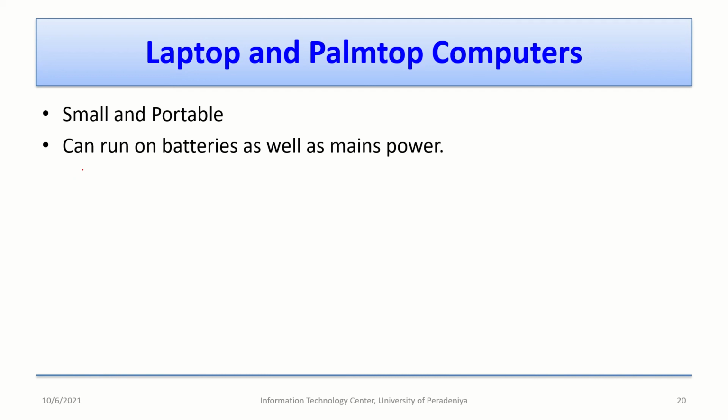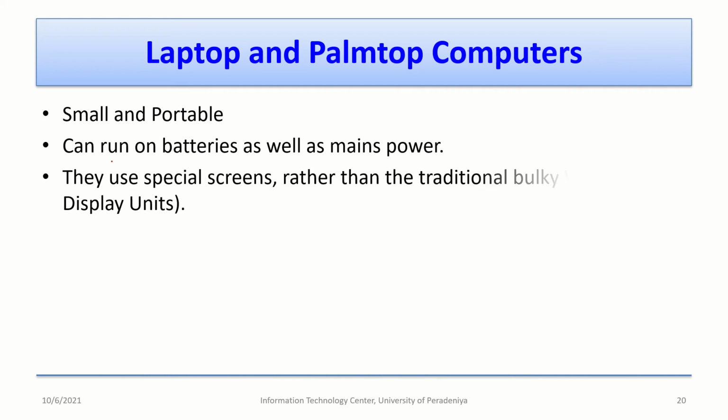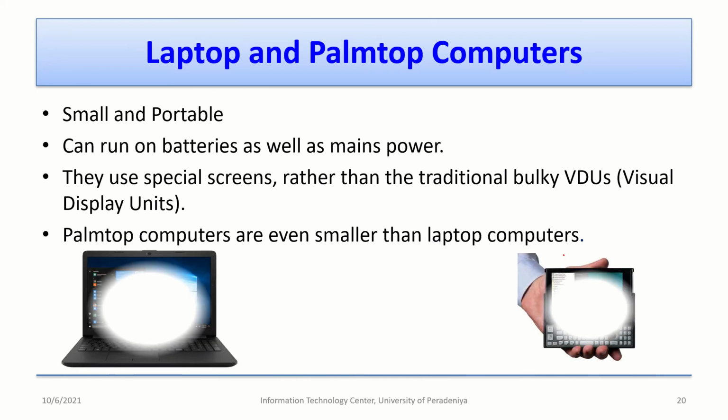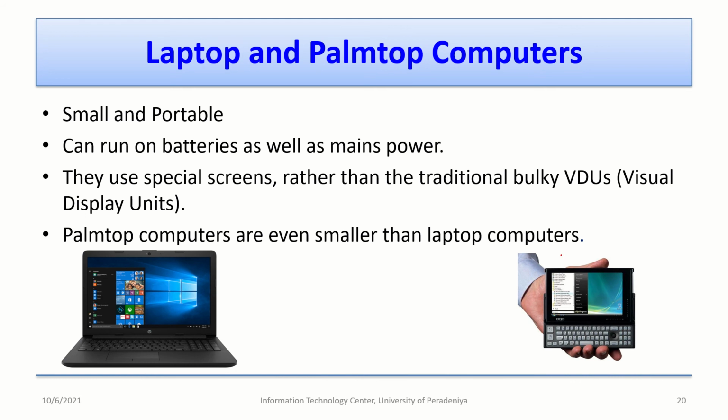So without a power supply we can work with the battery, right? Okay, they use special screens rather than the traditional screen, right? The phantom computers are even smaller than the laptop computers, right? So you know these things, right?